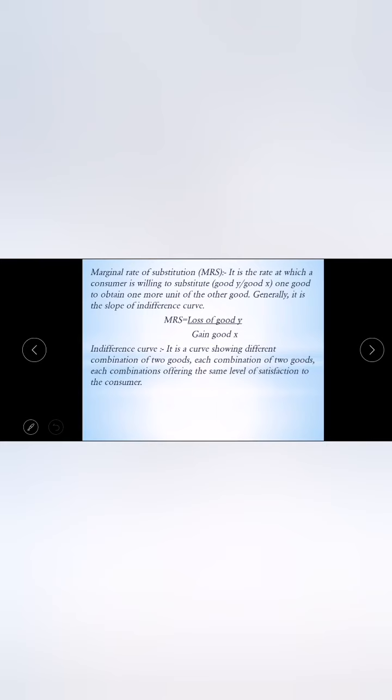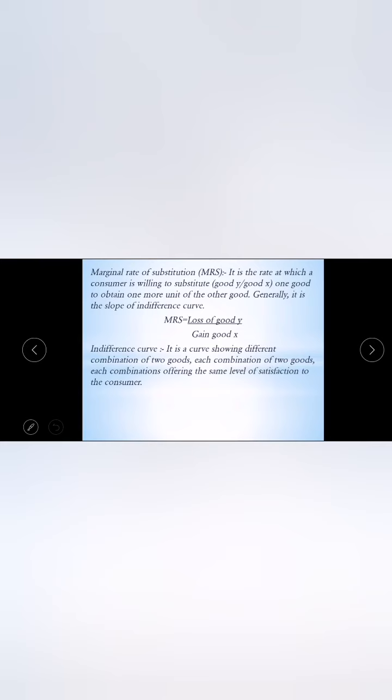For purchasing one good, you are foregoing another good, the headset. That is called marginal rate of substitution. Okay, you understood? The formula for marginal rate of substitution is equal to loss of good Y divided by gain of good X.